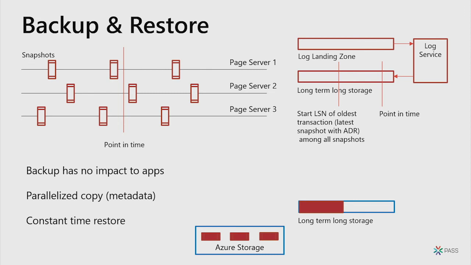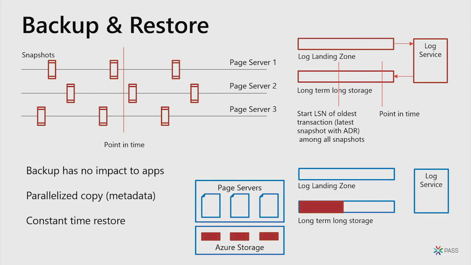So then we spin up, it's constant time restore because irrespective of the size, it's just snapshots, right? Then we instantiate compute for the page servers for the new database in question, right? And then we instantiate primary compute, and then we do recovery on that tail part of the log.